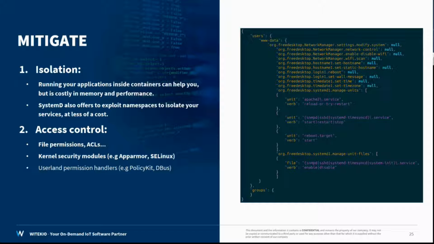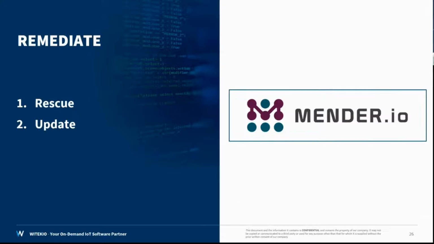So the idea here is that you define which user or which group is allowed to perform a given action, with given parameters, of a given service. Okay. And finally, there remains the remediate axis, of which both rescue and update will be covered by Joseph from Mender. And thank you.